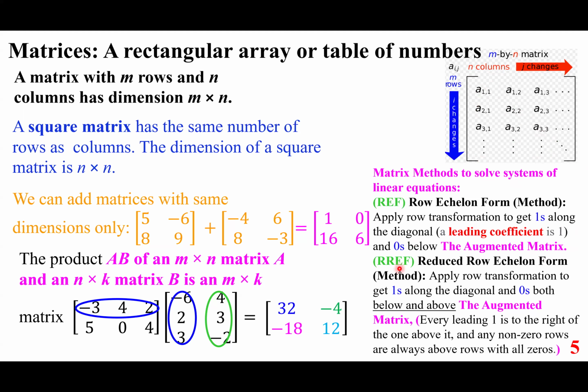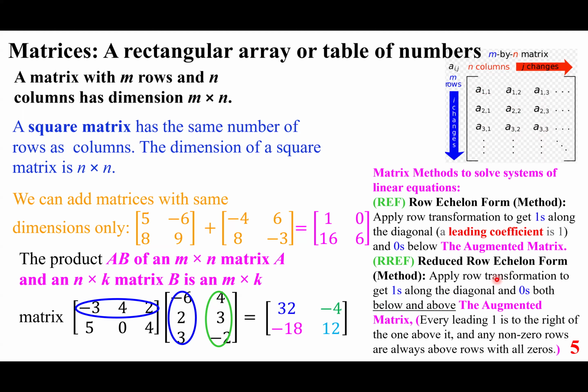Now, RREF is called reduced row echelon form, which means apply transformations to get ones along the diagonal and zeros both below and above, in the augmented matrix. So 1, everything 0 underneath and above. 1, everything 0 below and above. That's the difference.